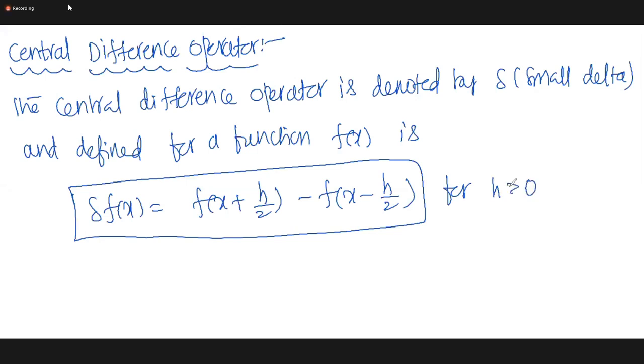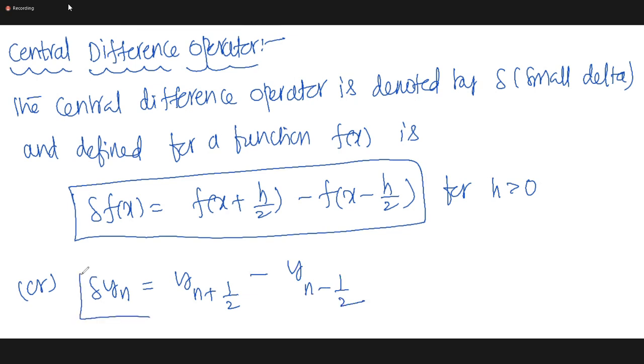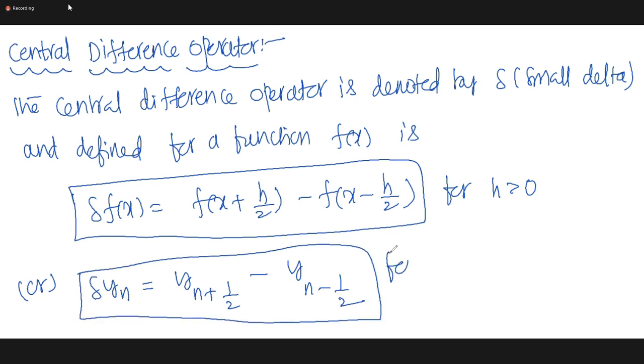Or for the recurrence function, y n plus 1 by 2 minus y n minus 1 by 2, for n equal to 0.